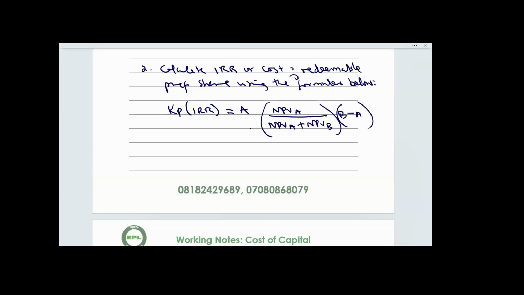So you are familiar with this formula already because you did it before, well, not all of you though. Okay, so this is the formula for calculating cost of redeemable preference share. It's as simple as that.